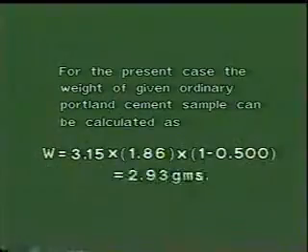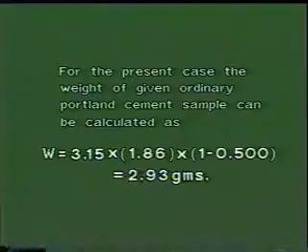For the present case, the weight of given ordinary Portland cement sample can be calculated as W is equal to 3.15 multiplied by 1.86 multiplied by 1 minus 0.500 within brackets, which shall be equal to 2.93 grams.